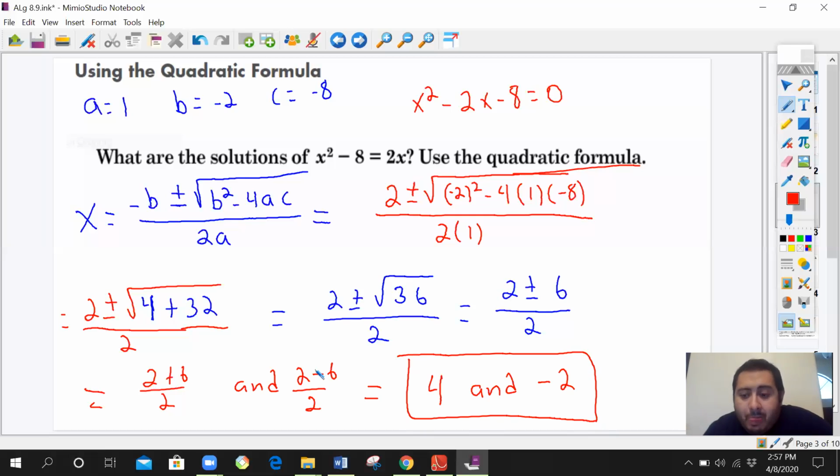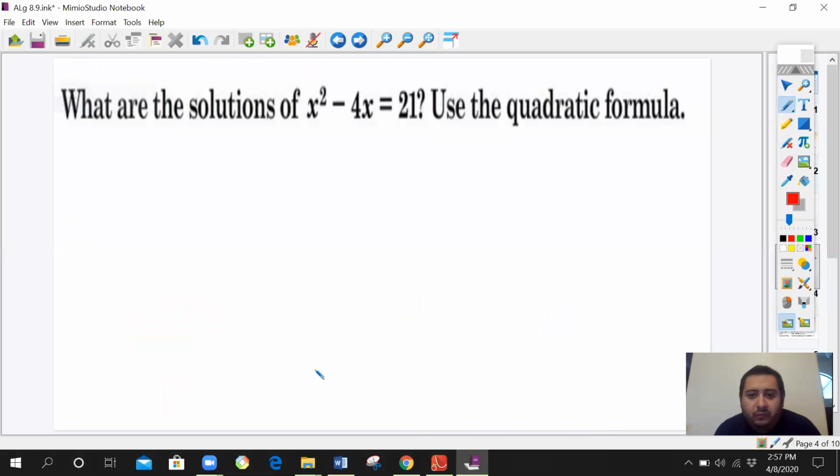All right. Let's go ahead and practice this one more time. Let's move the 21 to the other side. So your expression is going to be x squared minus 4x minus 21 equals 0. The reason we have minus 21 is because we subtracted 21 on both sides to make this expression equal 0.